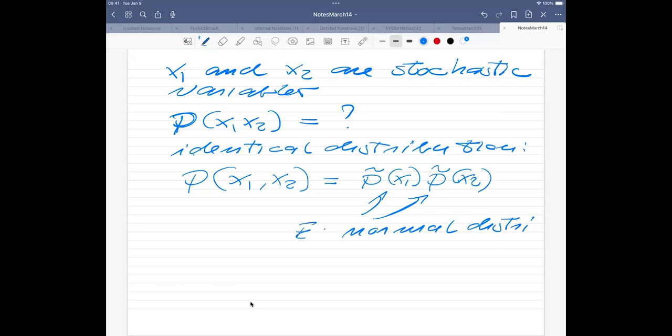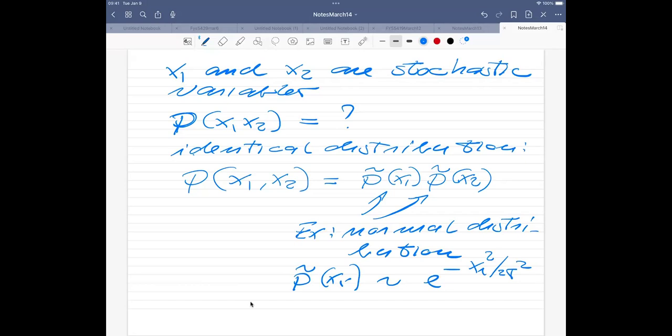So this P of x_i is proportional to e to the minus x_i squared divided by 2 times sigma squared, where sigma squared is the variance for this specific event.